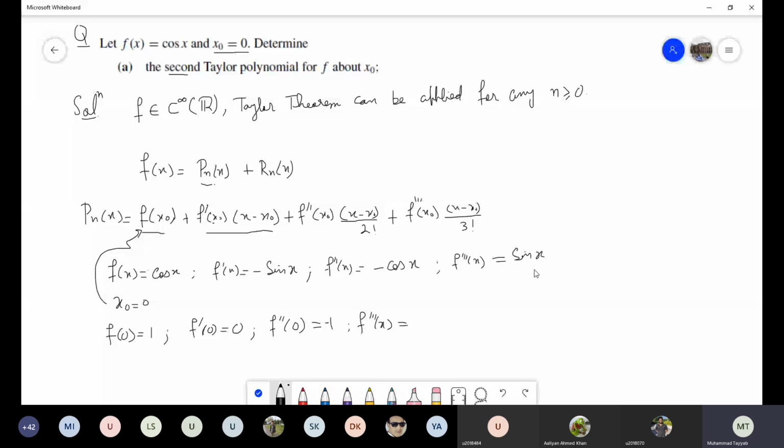So how many terms remain? When f dash of 0 is 0, that term goes away, and the third term also goes away. So we will remain with the first term and the third term. So altogether we will have two terms.